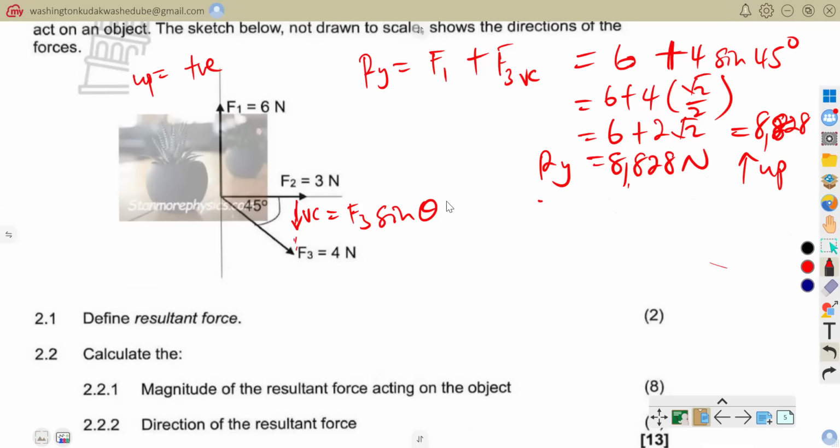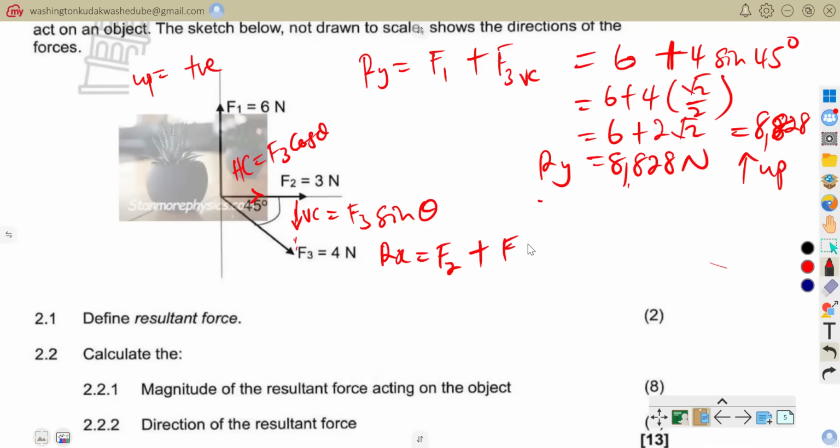Now let's determine our x resultant. That would be equal to the force acting in that direction, F2, plus the horizontal component of this same force again. The horizontal component would be given by F3 cos theta.